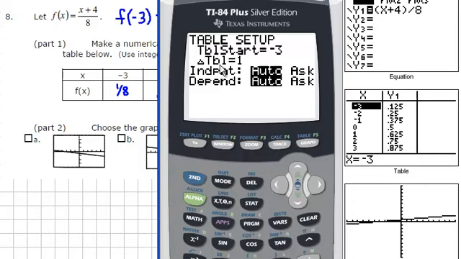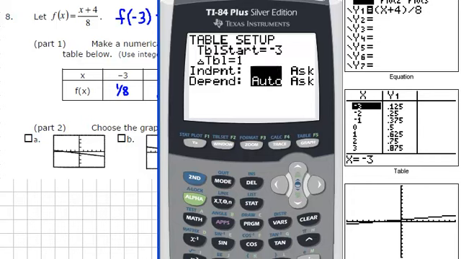And then for the table increment, you'll want to set that at 1 because the x values are going up by 1. X is -3, and then -2, -1, 0, and so on. Also, make sure that the independent and the dependent variables are on auto so that your table will be automatically filled in.